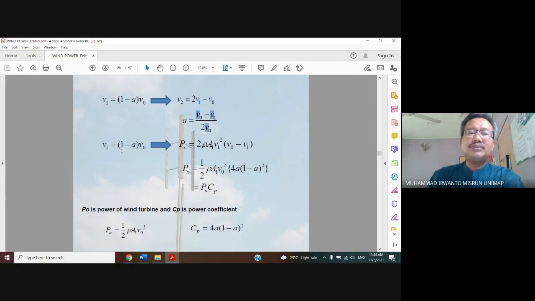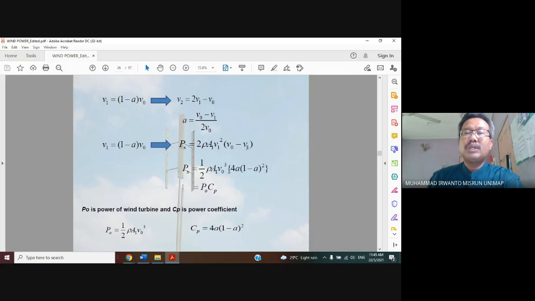And then if we substitute the value of V1 equal to (1 minus A) multiplied by V0 into the power extracted by the wind turbine that obtained from here, V1 here is substituted by here. So lastly, we have this formulation: P is equal to 1 over 2 rho A1 V0 power 3 multiplied by 4A multiplied by (1 minus A) power 2.